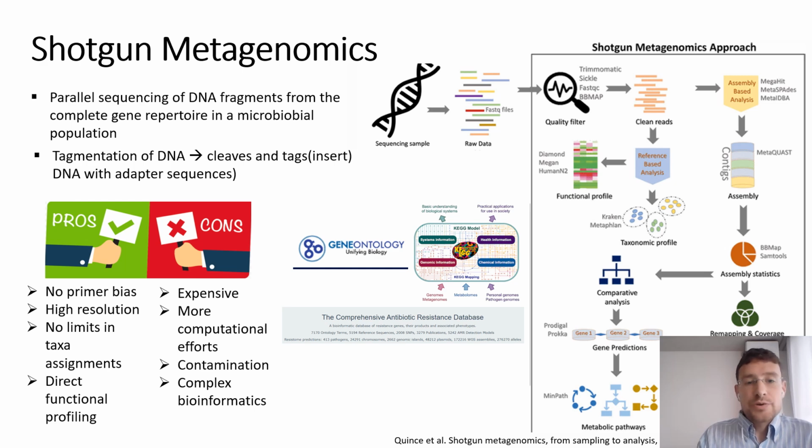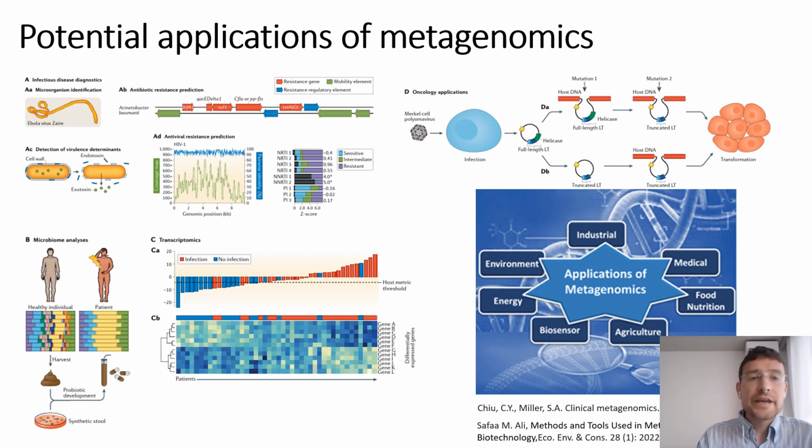But of course, it's much more expensive and much more complicated in the bioinformatic pipelines. So the potential applications are, of course, not only diagnosis and the detection of virulence determinants, but also microbiome analysis and oncology applications. This is medicine, but you may also have applications of metagenomics in other fields, like for example food, nutrition, agriculture, etc. So it's really an upcoming tool.